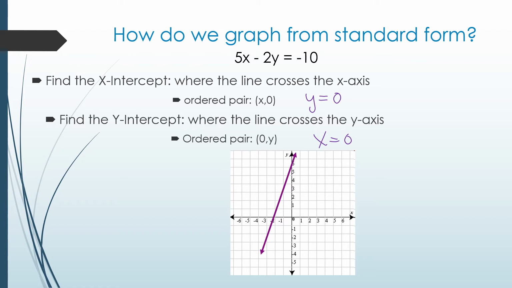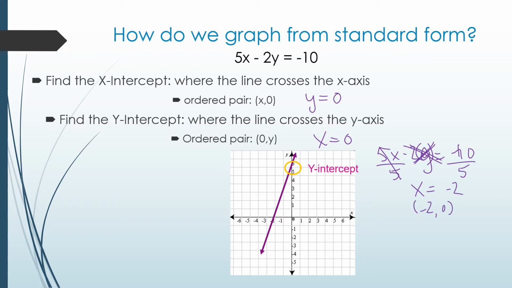Looking at 5x minus 2y equals negative 10, for the x-intercept, if y is 0, I pretty much get rid of that negative 2y, and then I solve for x. If this is 0 right here, that's not going to be anything. So I just have 5x equals negative 10. I divide by 5, and I get x equals negative 2. So my ordered pair would be negative 2, 0.